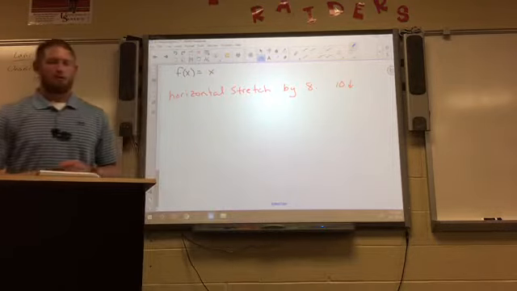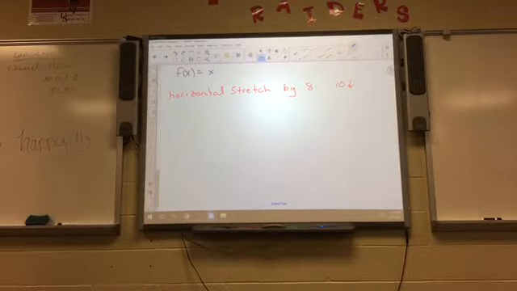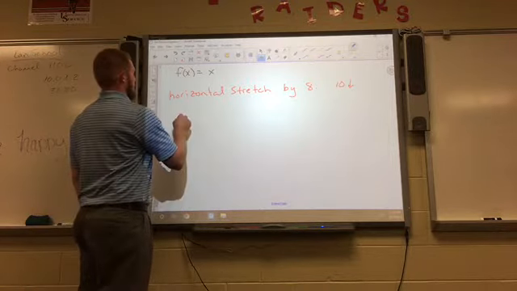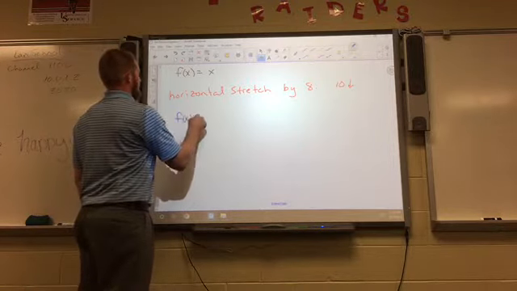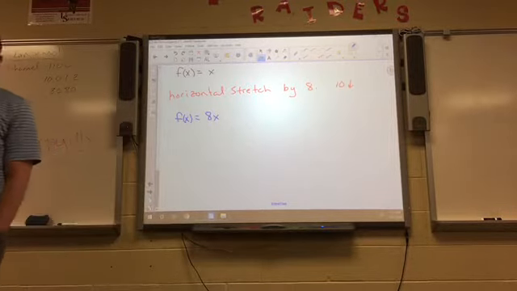Going to our horizontal stretch, does that apply to everything or just the x? Just the x. In this case, does it really matter? No, because it's just x by itself anyways. Okay, so is that correct? No. Why?